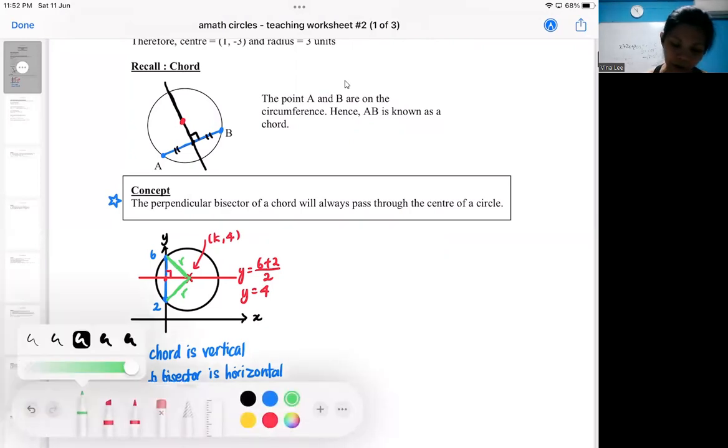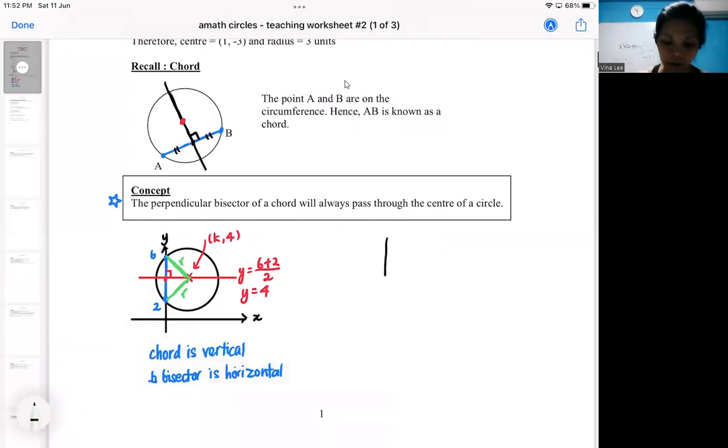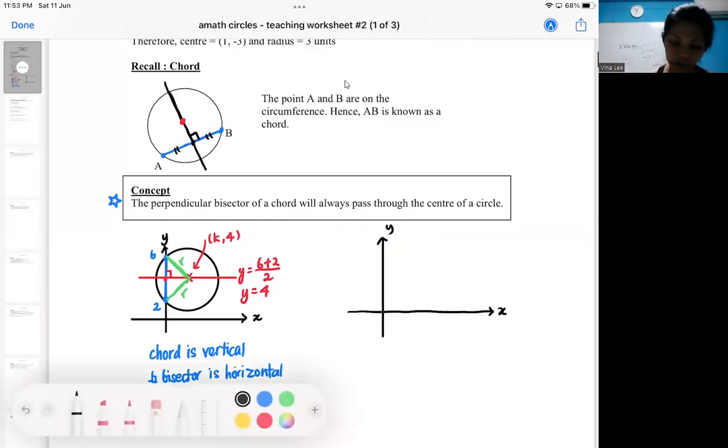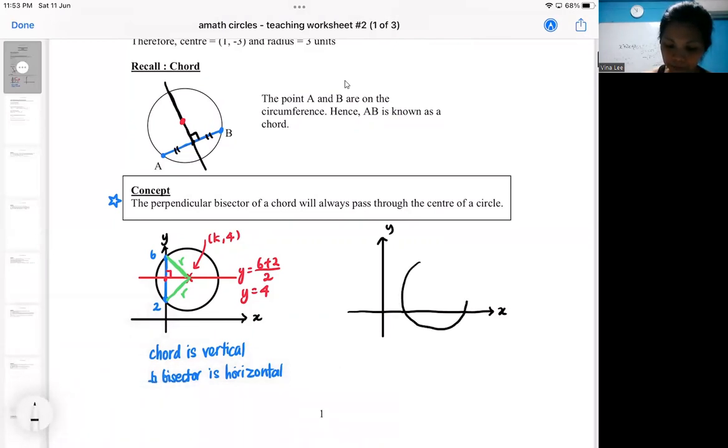The same thing is going to happen in another extreme situation, where the chord is horizontal. When the chord is horizontal, it will look somewhat like this. So where is the horizontal chord?